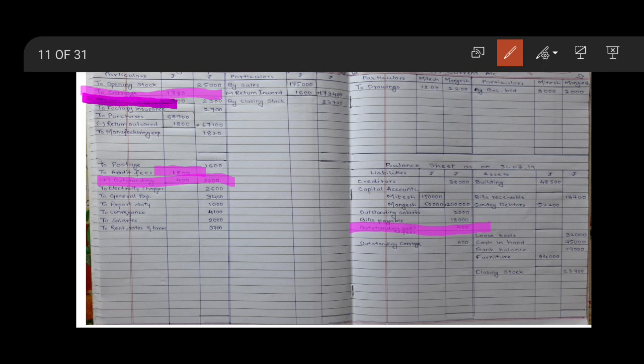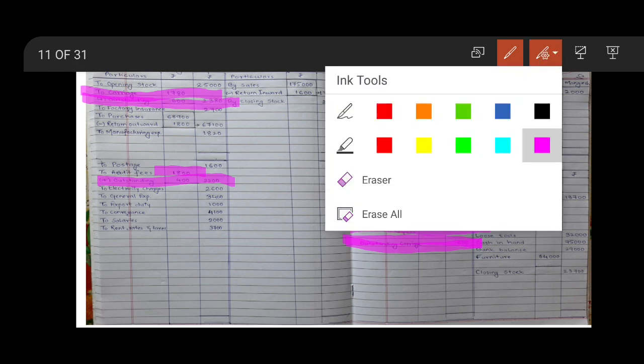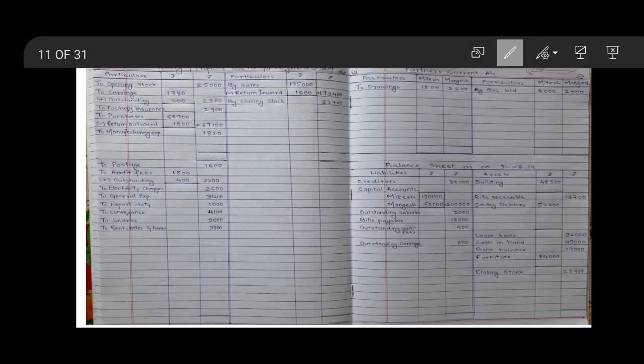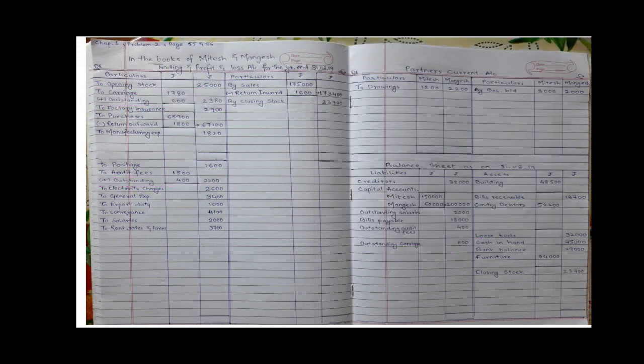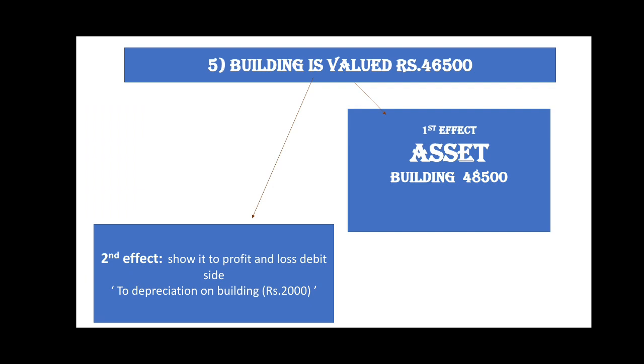So we have added outstanding 600, we brought the amount outside. The next effect, outstanding carriage to the liabilities of balance sheet, outstanding carriage rupees 600. So in this way that adjustment was.